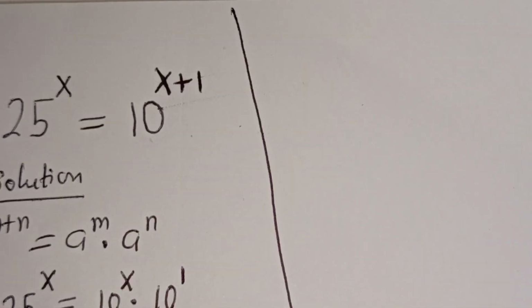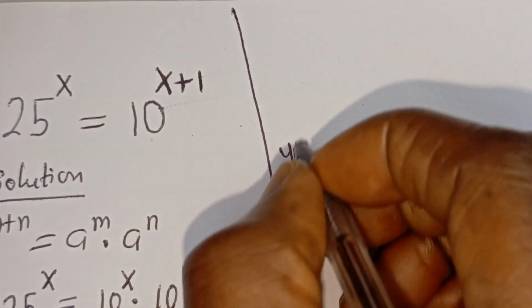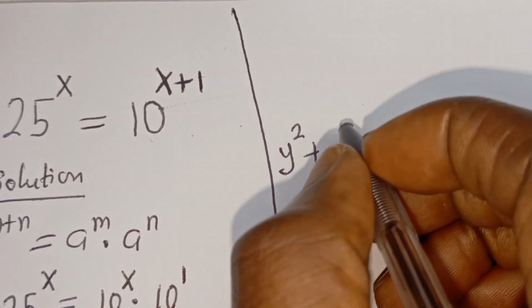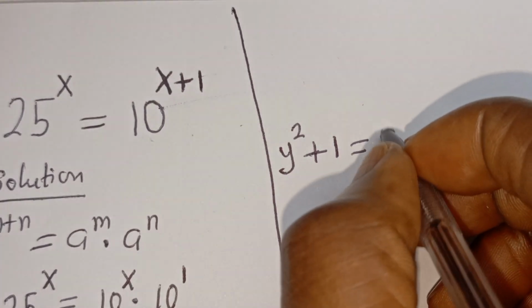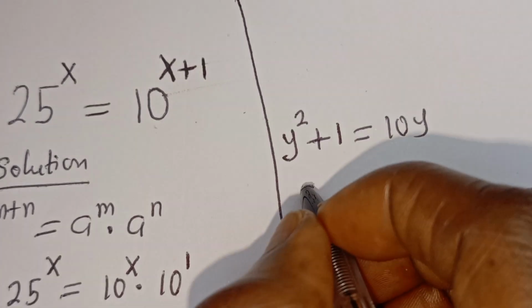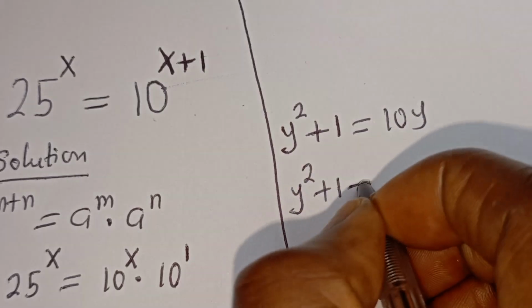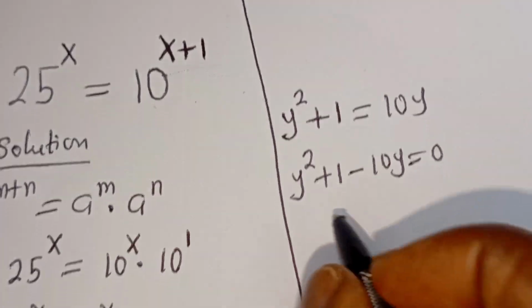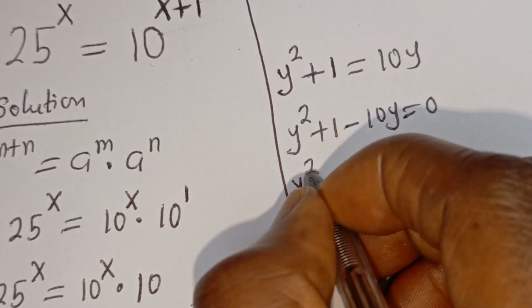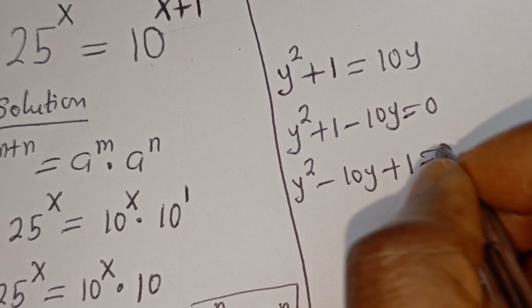We have y times y, that is y squared, plus 1 is equal to 10 multiplied by y, that is 10y. Then here we have y squared plus 1 minus 10y equal to 0. Let's rearrange this. We have y squared minus 10y plus 1 is equal to 0.